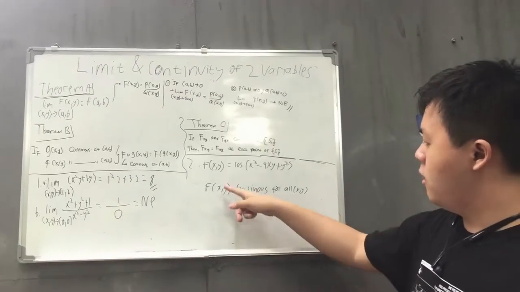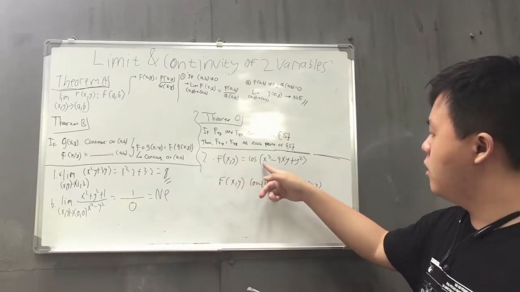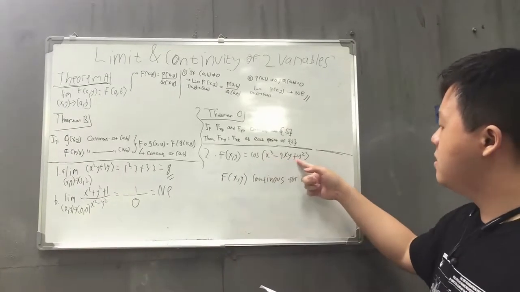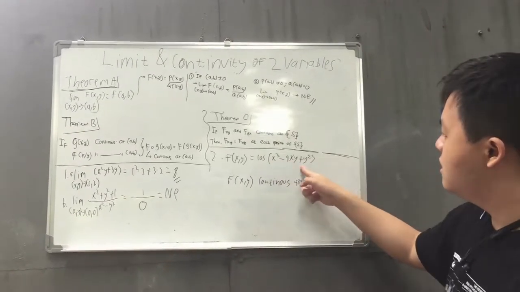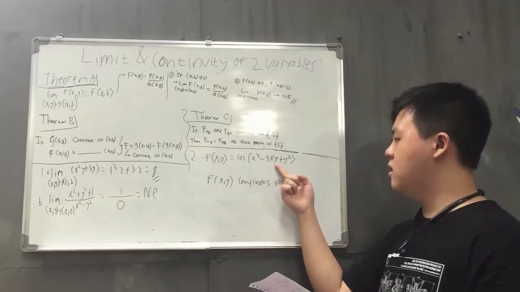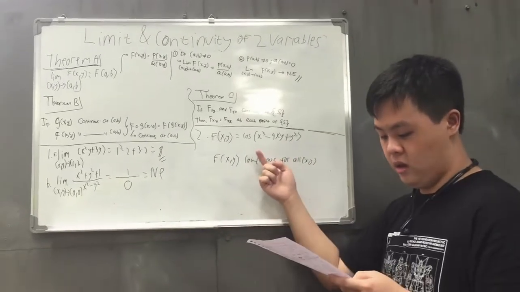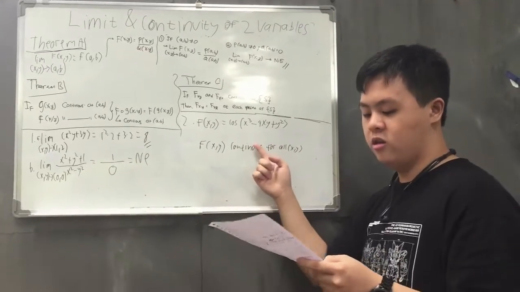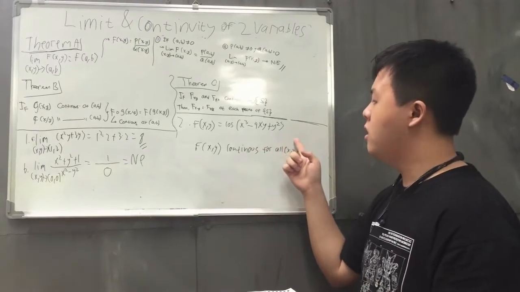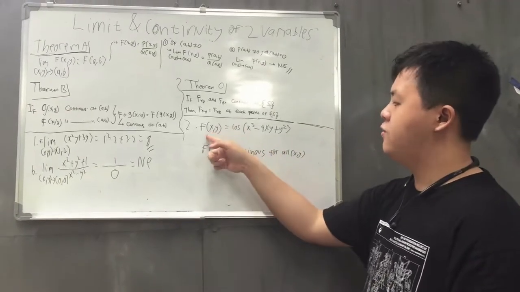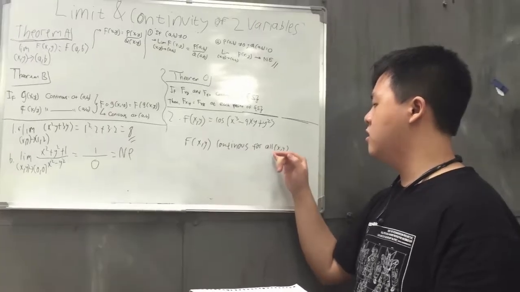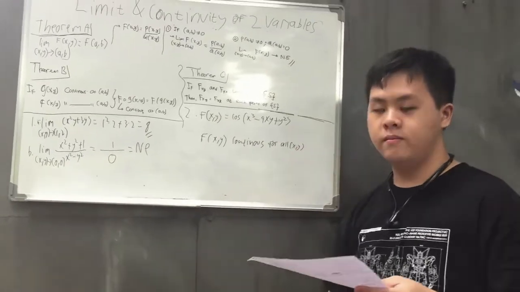Why? Because this one is a polynomial, and this polynomial is continuous for all x and y. So this function will be continuous for all (x, y).